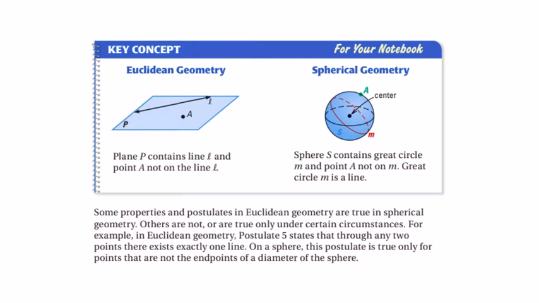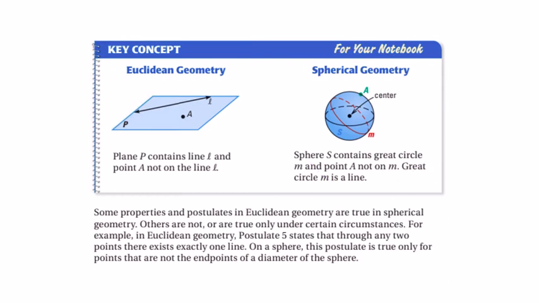Now, what it would mean in spherical geometry, on a sphere, this postulate is only true for points that are not endpoints of a diameter. So, kind of dissecting that, we can see this sphere over here to the right.